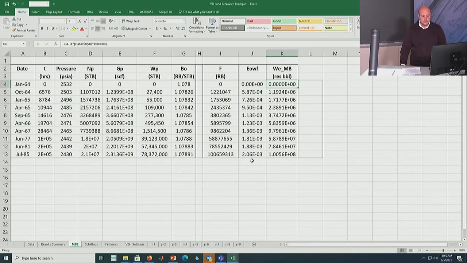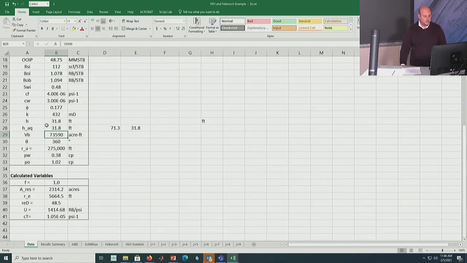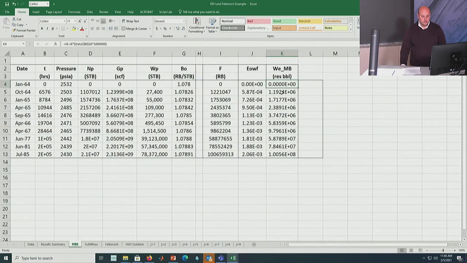So WE is equal to F minus EOWF times the original oil in place. The original oil in place was given here, OOIP is 48.75 million stock tank barrels. So if I go back, this is the water influx from the material balance equation.